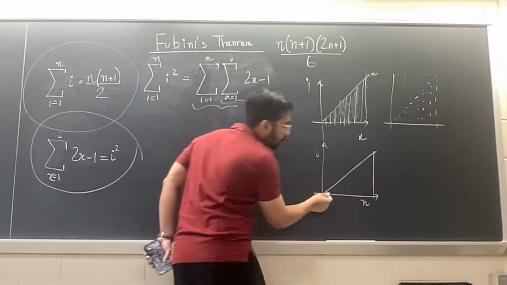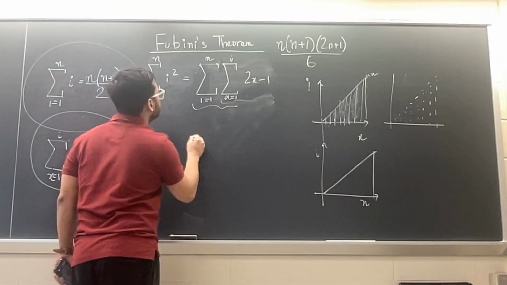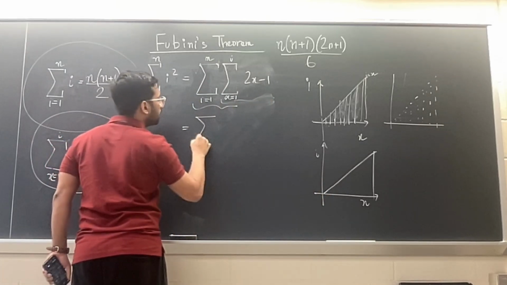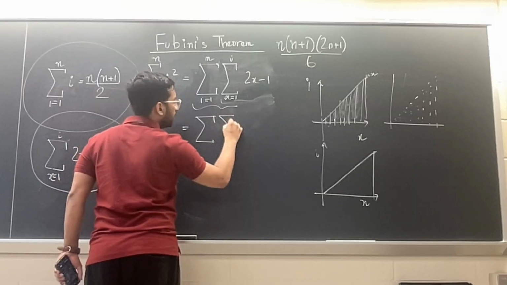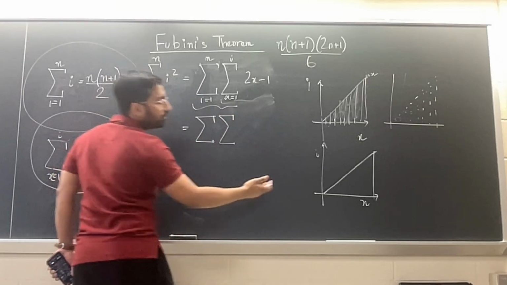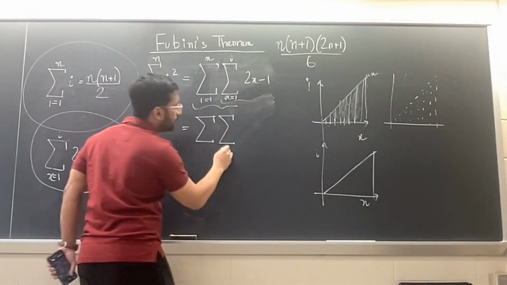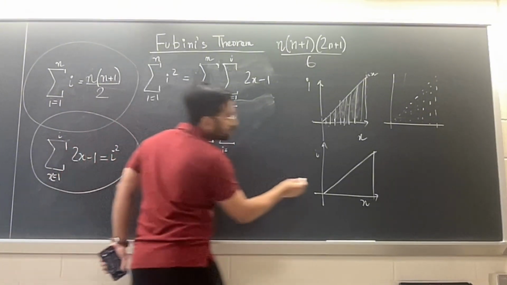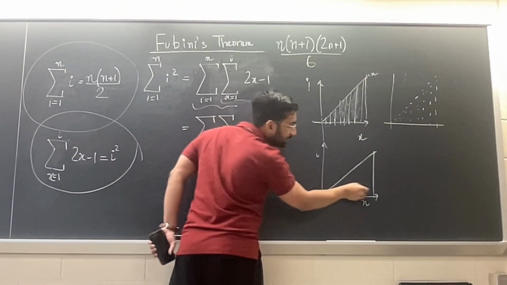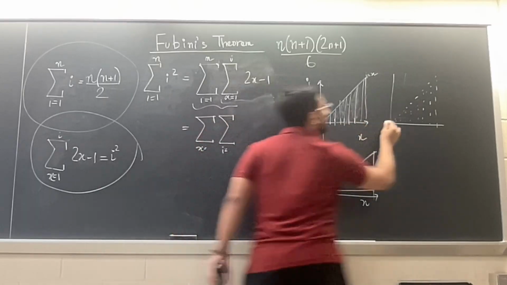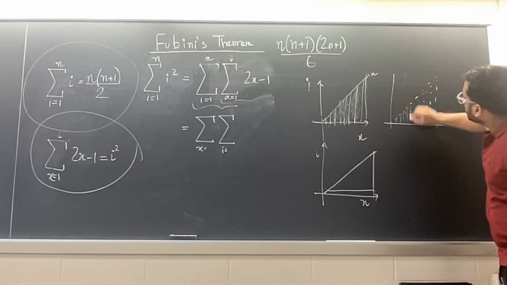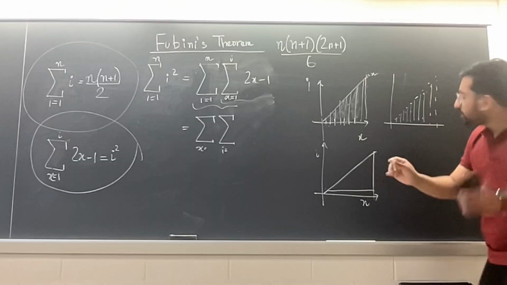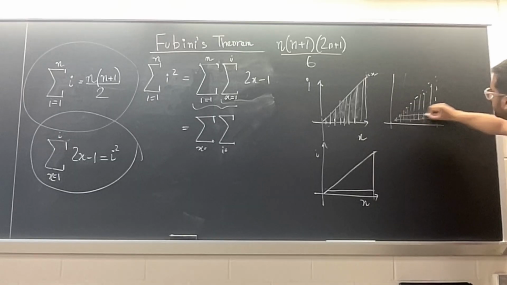We will reverse the summation: first we will sum over i, and then we will sum over x. So we will now do this horizontally. The same points can be covered vertically, and the same points can be covered horizontally.